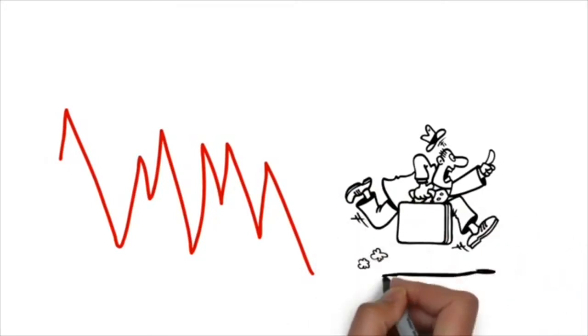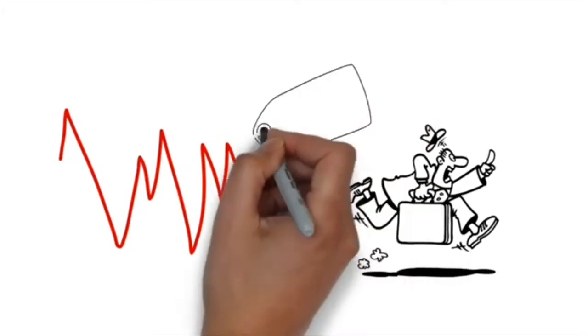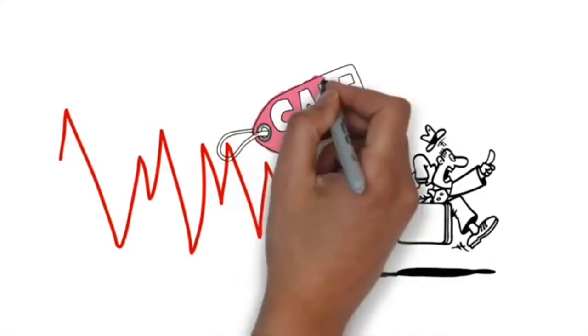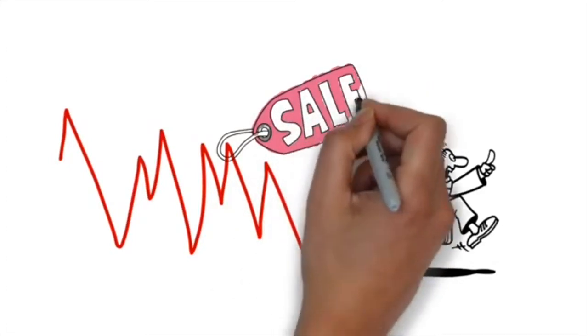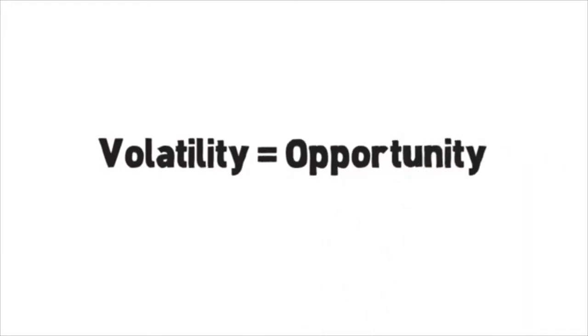In short, volatility gives you the chance to buy investments on sale from terrified investors who are fleeing the market. This is why it's so important to keep your emotions in check when you make investment decisions. Panic can be very costly, so now you know the wise investor's secret: volatility equals opportunity, as long as you follow the rules.